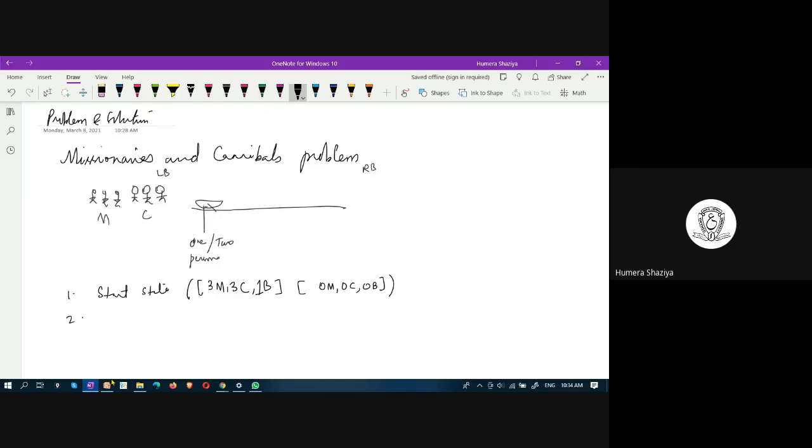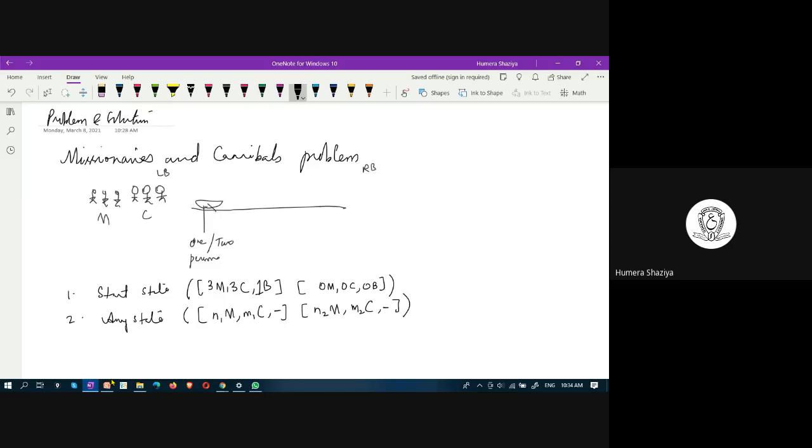And any intermediate state can be N1 M, M1 C, and 1 or 0 for the boat, and here N2 M, M2 C, and 0 or 1 for the boat. This is any intermediate state. N1 means the number of missionaries.